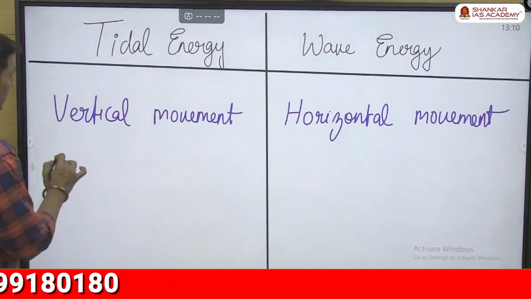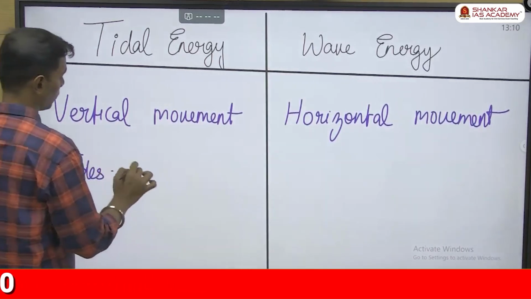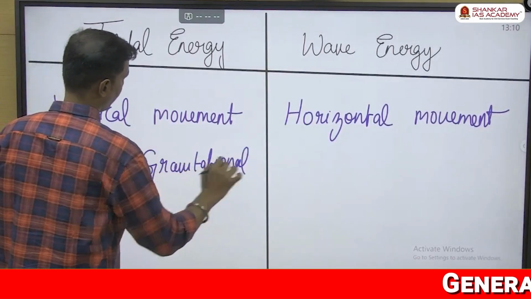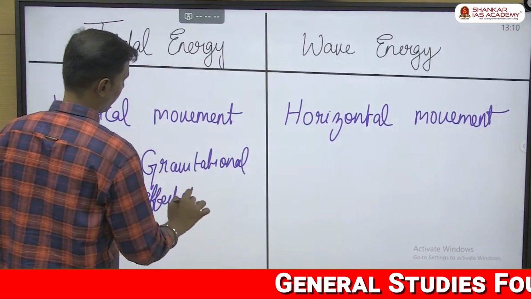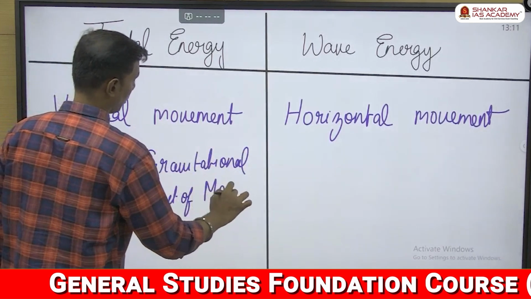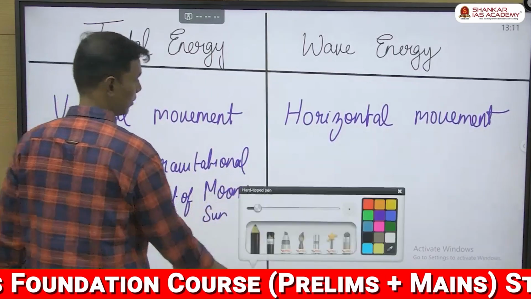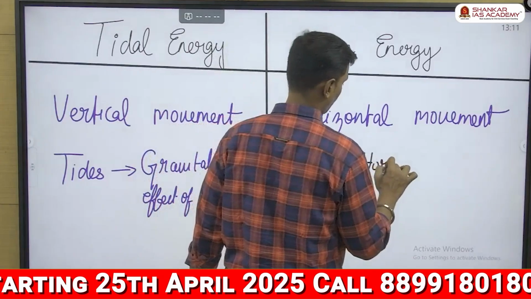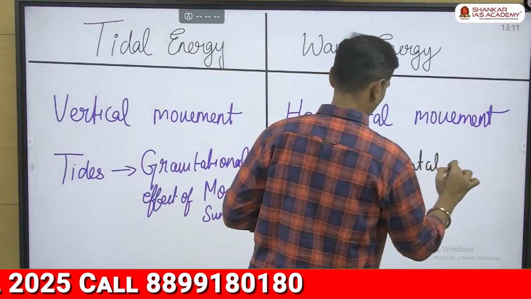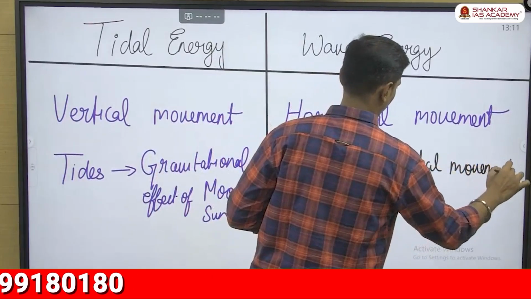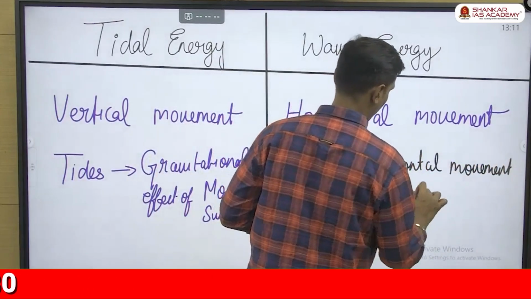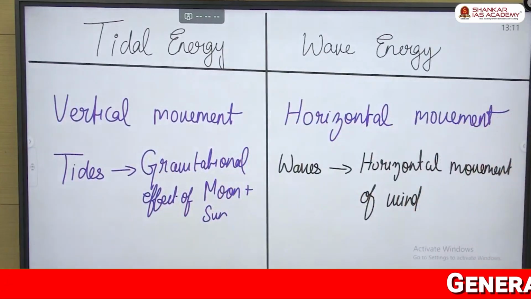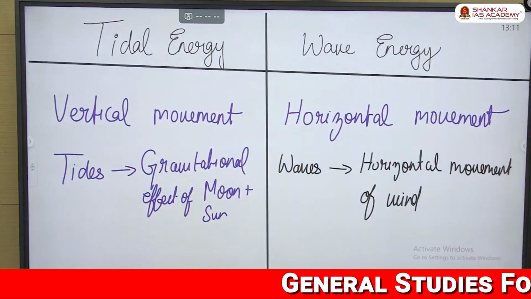Noted? Then you can write tides are caused due to gravitational effect of moon and sun, whereas waves are caused due to horizontal movement of wind over the surface.